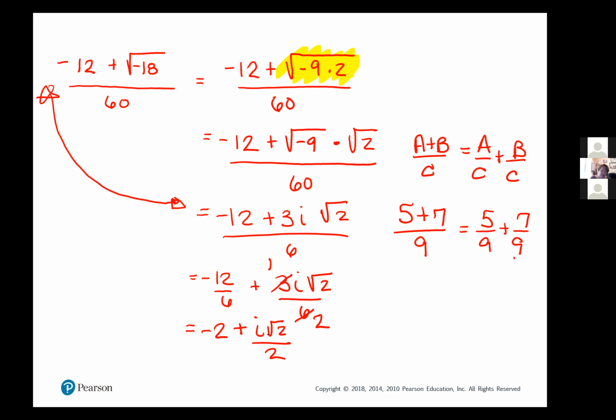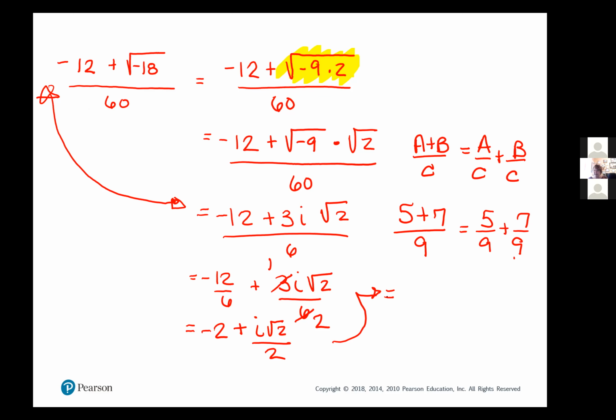You can rewrite this. How did you get to that part? Like whenever you divided, the 3, you cross out the 3 and the 6 to get the 1 over 2? I've canceled the 3. I can cancel a number when it's a factor in the numerator and denominator. So in the numerator, I have a 3. In the denominator, I have a 6. I can divide 3 by 3.